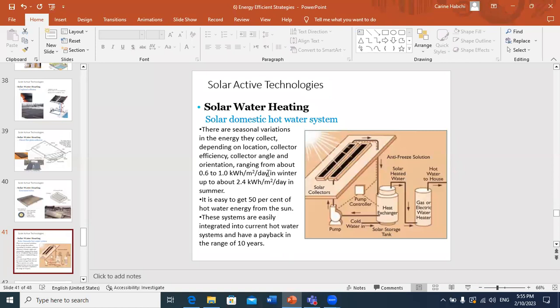So we should know what is the capacity in winter, what is the capacity in summer. Sometimes in winter we can have a backup system because the solar system might not be enough, while in summer we can have up to 2.4 kilowatt hour per meter square per day.